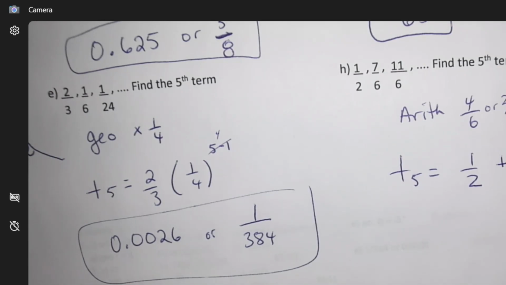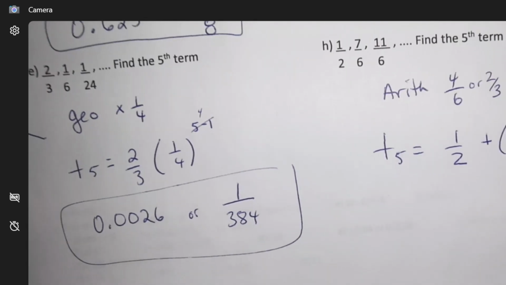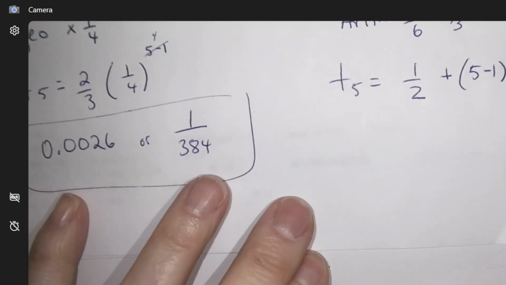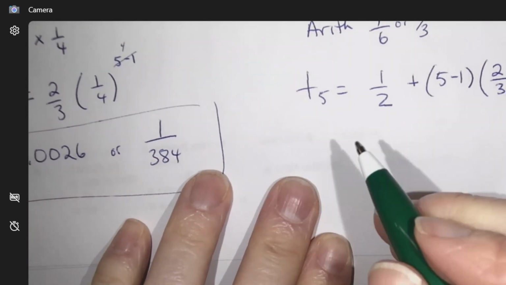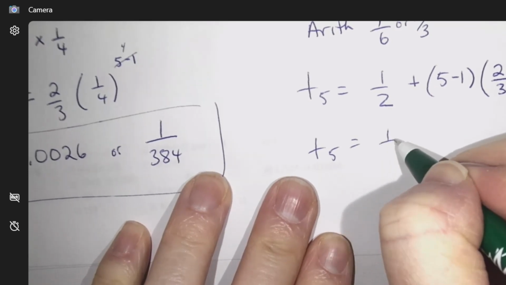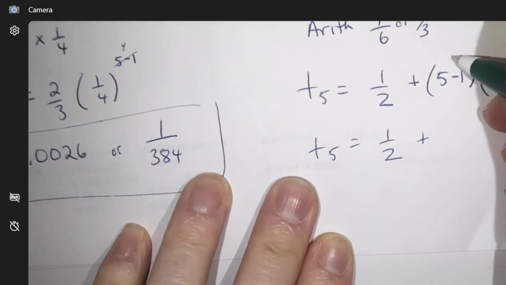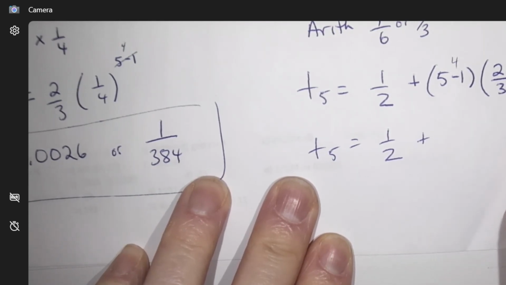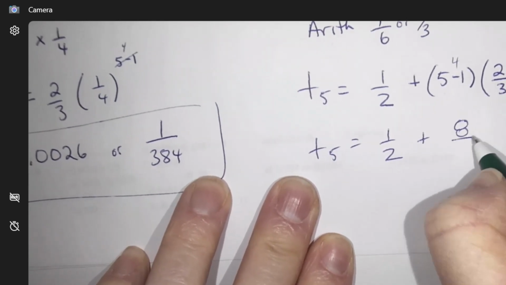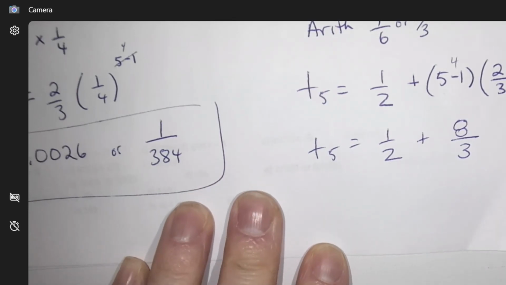Okay, I'm going to challenge you to do it on paper, not touching your calculator. Ready? Okay, good practice for grade 12 with your provincial. Okay, so this is a 4. 4 times 2 makes 8/3.